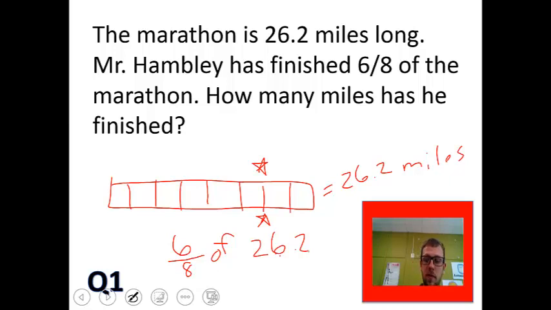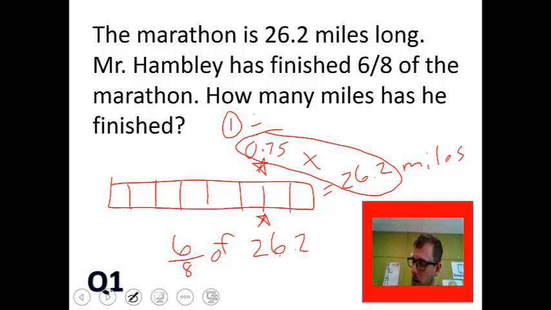Okay, what you should have done is, one, divided to figure out what 6/8 is. 6 divided by 8 in my calculator is 0.75. Now all I have to do is multiply, just as if I'm shrinking it to 0.75. I got 26.2 times 0.75 equals 19.65.